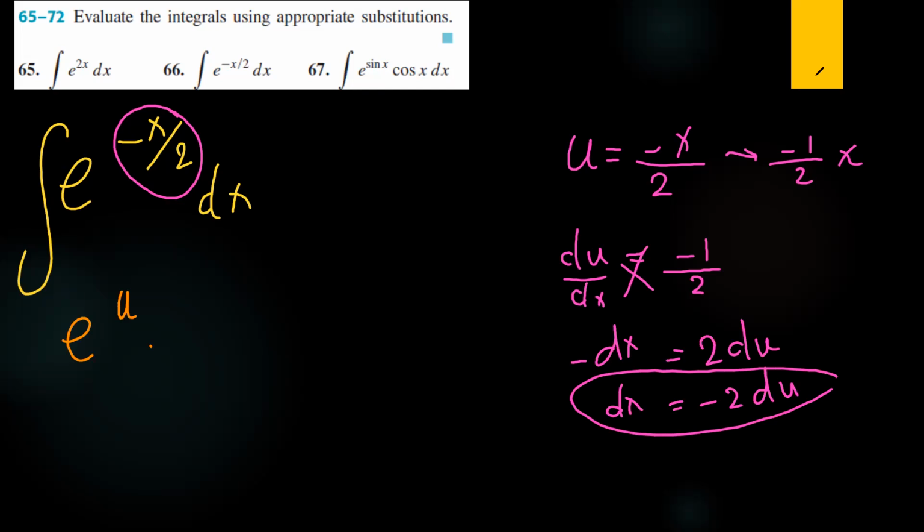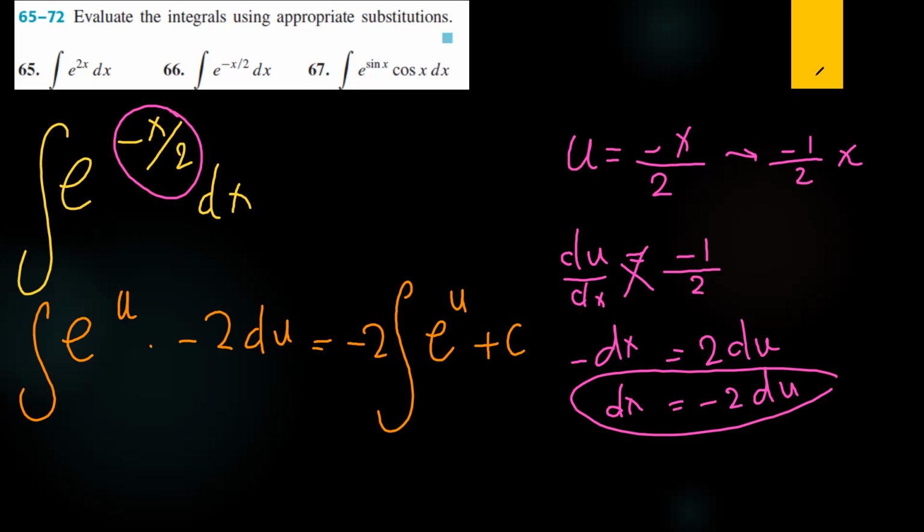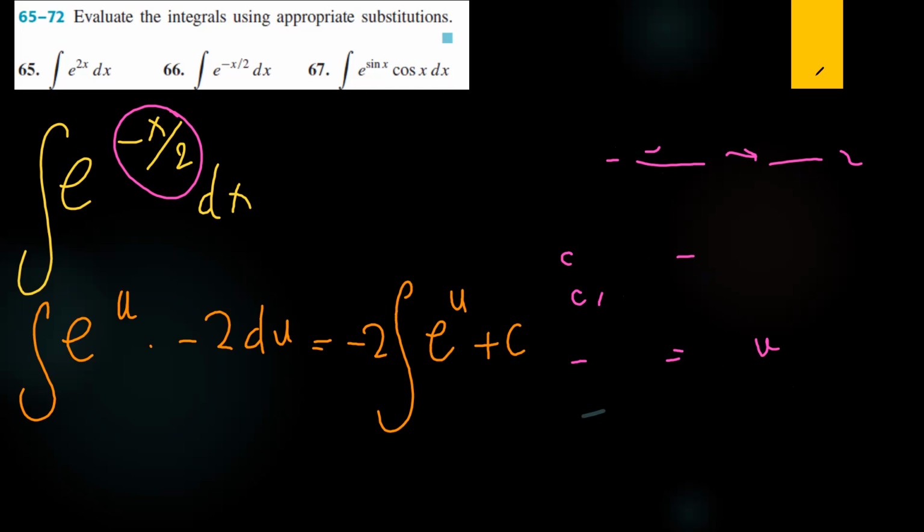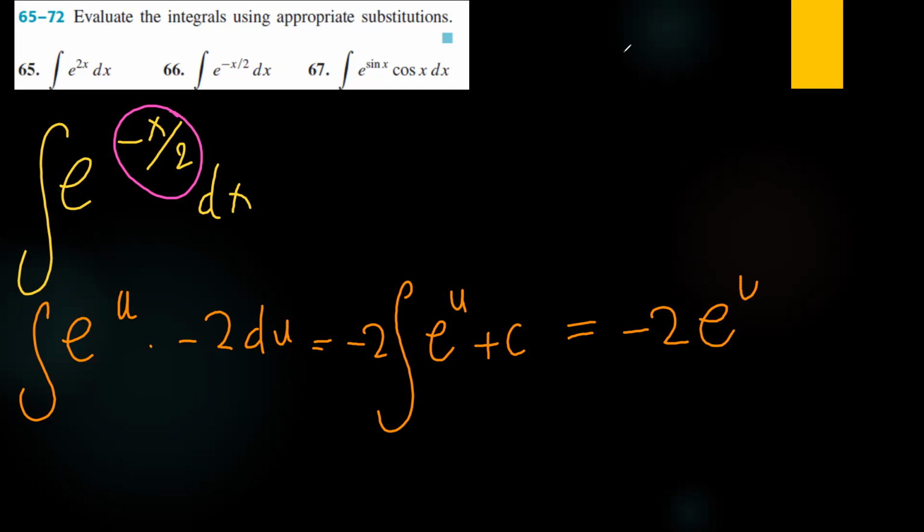And dx, write it as negative 2 du. Then it's negative 2 integration of e to the power u. What's the integration of e to the power u? It will be e to the power u plus c. So it's negative 2 e to the power negative x over 2 plus c. This will be now the answer.